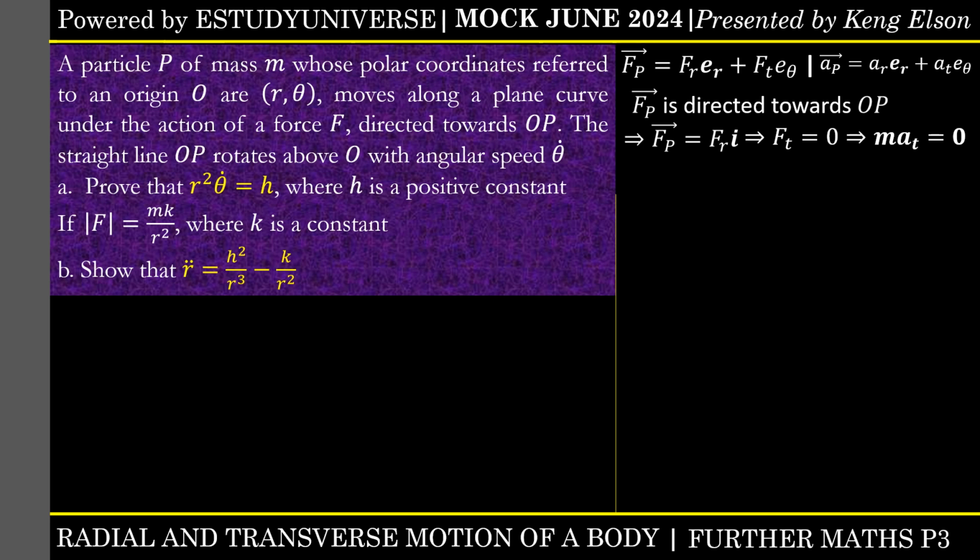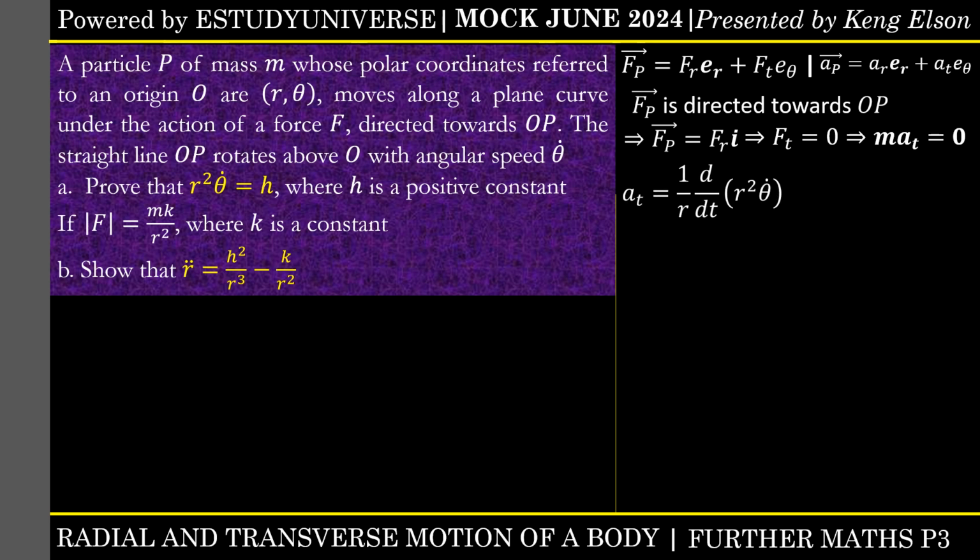We know that F is equal to ma, but since you are specifying that the F involved is the transverse component of the force, then we need to take the mass times the transverse component of the acceleration and equate it to 0, since the particle was under the action of a force directed towards O. Now, what is the transverse component of the acceleration? The transverse component of the acceleration has 2 different definitions. You can verify in your formula booklet, and I'm going to give you the definition we are going to be using today.